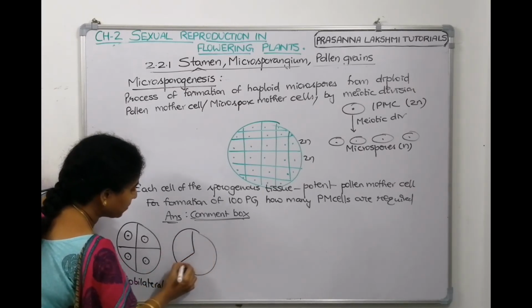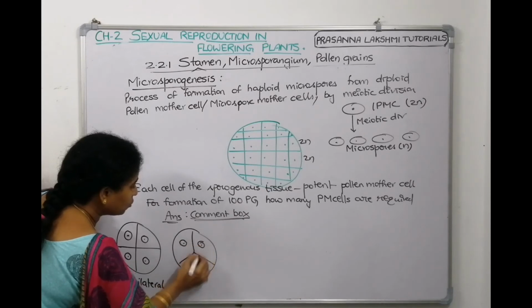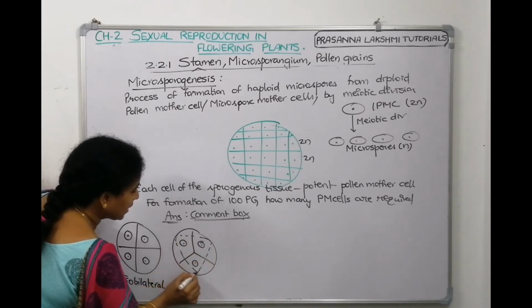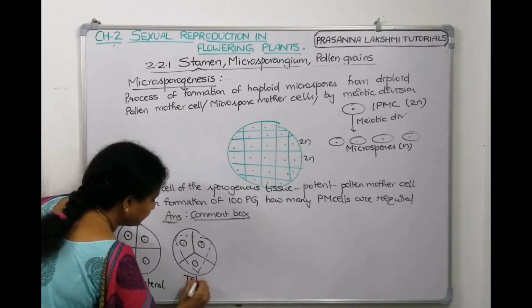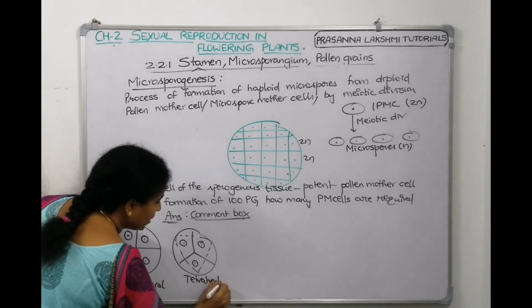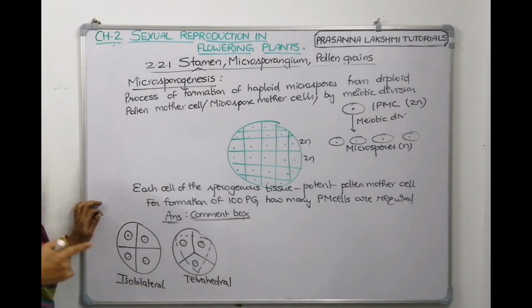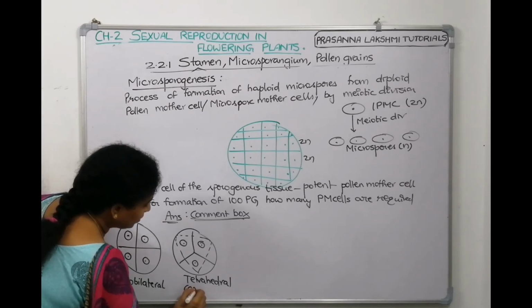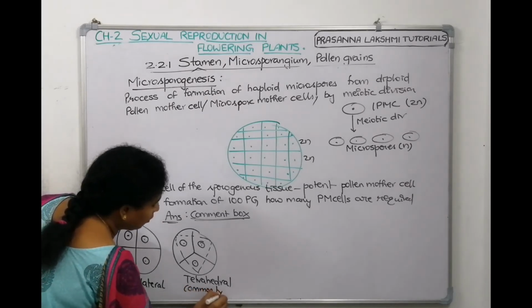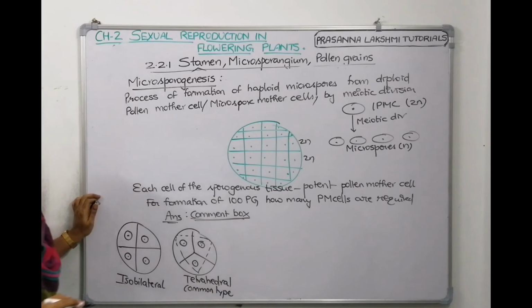In that arrangement, 1, 2, 3 cells are here, and the 4th cell is behind it. This is called tetrahedral. Children, tetrahedral arrangement is the most common type of microspore tetrad.